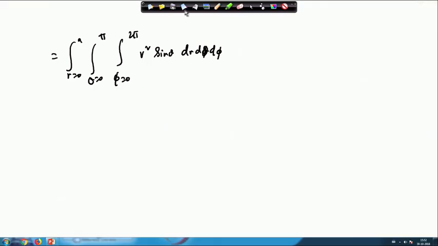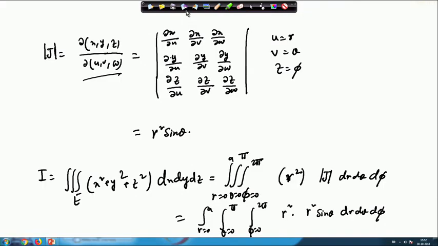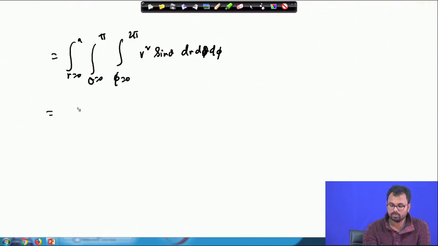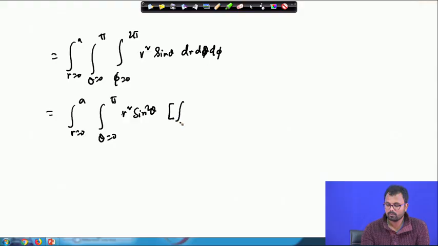Now we integrate with respect to phi first. The value of phi will be 2 pi basically, so I am taking that 2 pi outside, and then here we will have dr d theta.